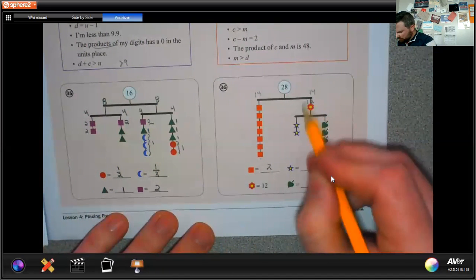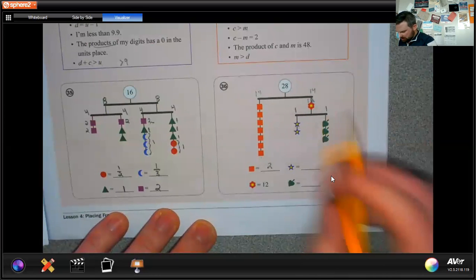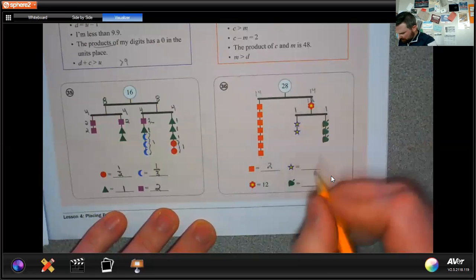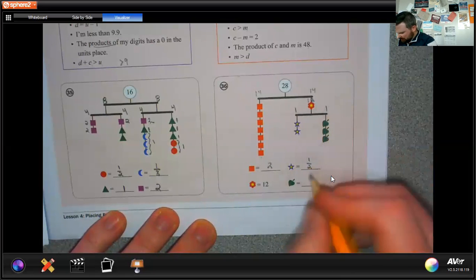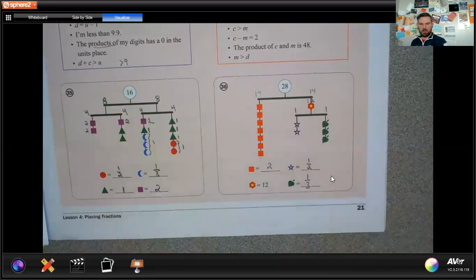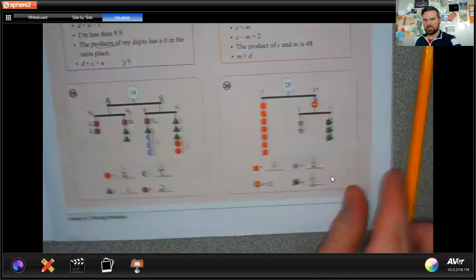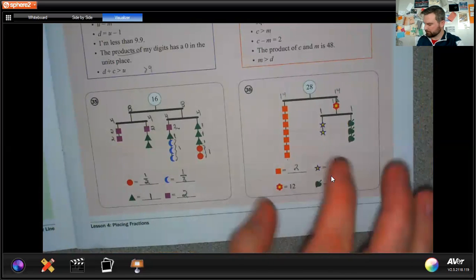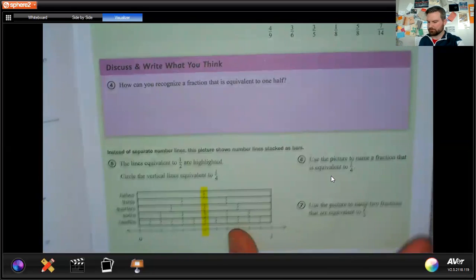This was worth 12, so you got 2 left over. So this is a 1 and this is a 1. So you got 2 stars to make a 1. That's a half again. And you got 3 leaves to make 1. That's a 1/3. Okay, so we're starting to put in some of these fraction things into previous things that we've already talked about.